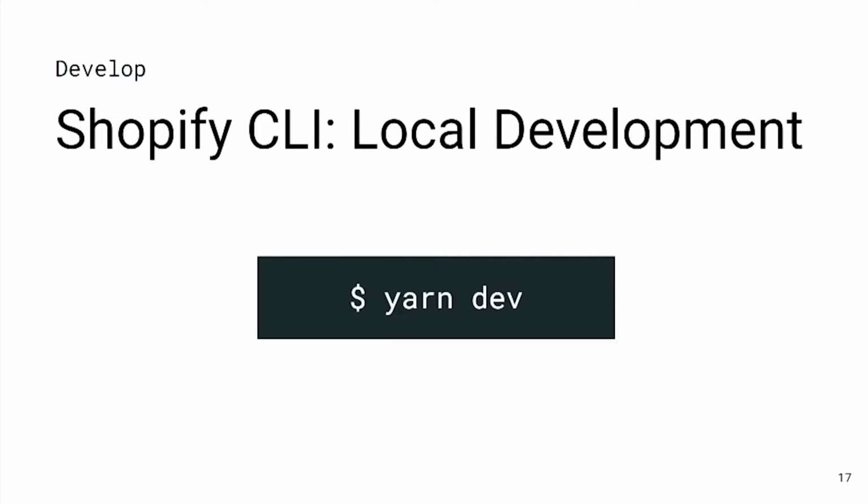The last update that I'll talk about today about the Shopify CLI is our improvements to local development. We've heard from developer feedback that the tunneling experience is somewhat unreliable and flaky.